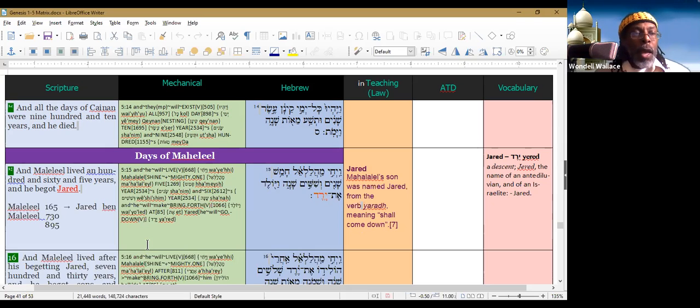Okay, and this here says an L, but another rendering says H. Okay, Maleleel lived 165 years, and he begot Yered. I don't say Jared because there's no J in the Hebrew alphabet.